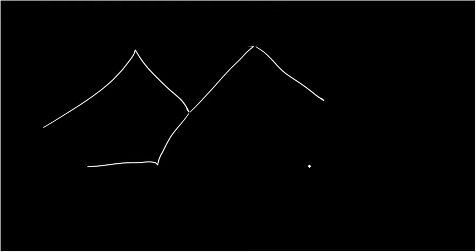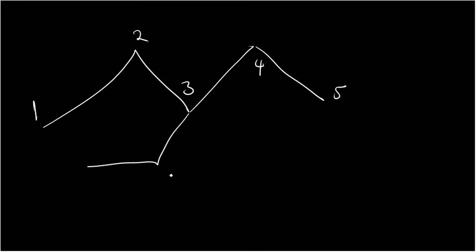Which one is the longest chain? 1 here, 2, 3, 4, 5. Right? So that's the longest chain. Even if I start counting from here, it will be the same because it will be 1, 2, 3 here. Even if I start counting from this side, it will be the same.